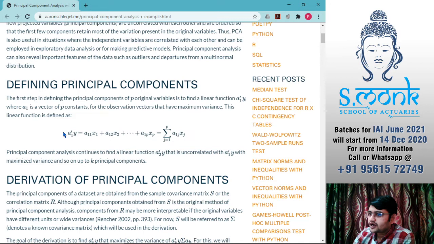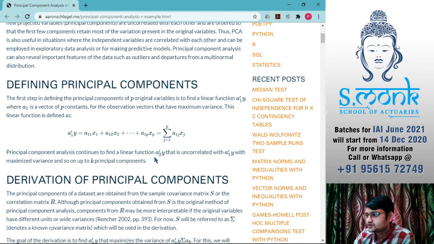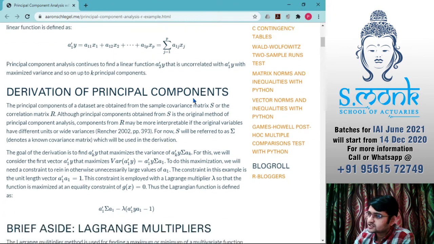We are trying to figure out how this linear function works, whether it is a good linear function or whether it is not a good linear function, by defining these vectors, these coefficients. These coefficients are the ones that are going to tell us whether the relationship between y and these values are good or not. So that is what principal component analysis does.